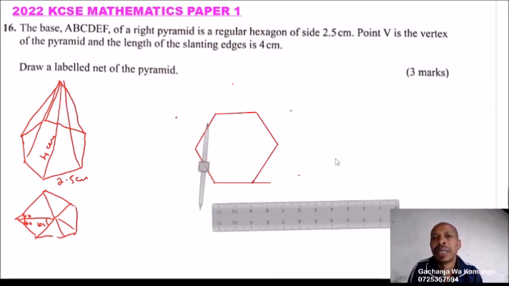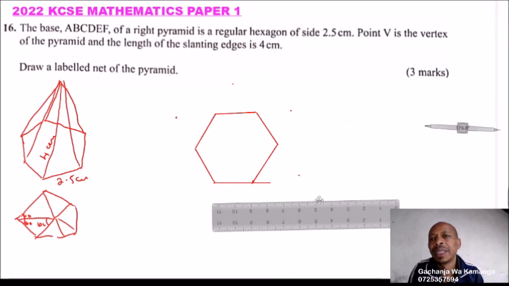So we use our compass here, and we measure 4 centimeters. We measure using the other side.